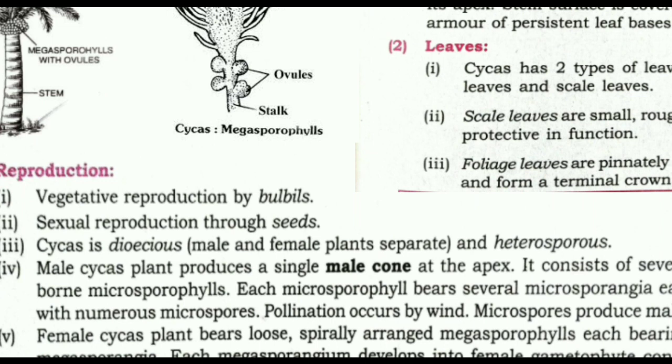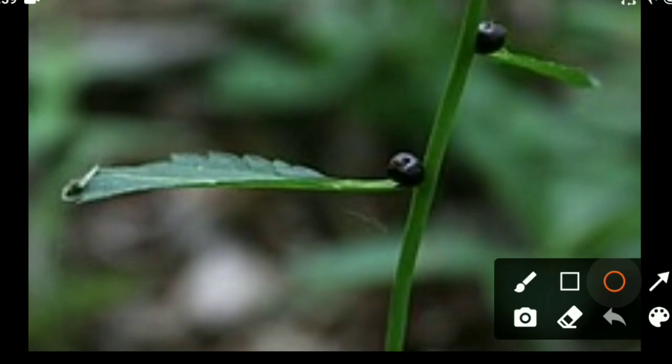But this is the sexual reproduction. What about the asexual reproduction? So asexual reproduction is brought about by bulbils. Some plants produce bulb-like structures at the leaf base. So you can see over here, there are these bulb-like structures at the leaf base, which are called bulbils. So these bulbils, when they fall on the ground, they germinate into a new young plant.